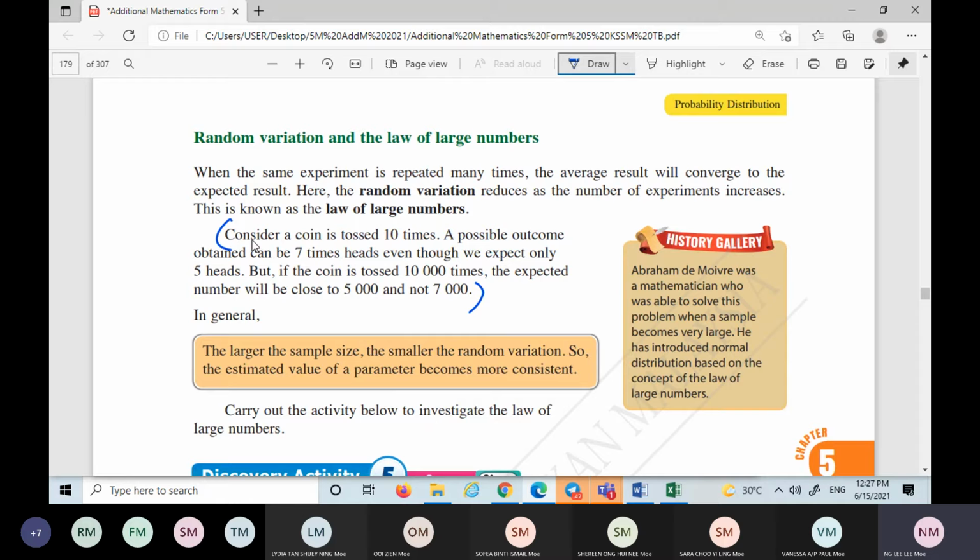Consider a coin is tossed 10 times. A possible outcome can be 7 times heads, even though we expect only 5 heads. Because for a coin there are only 2 possible outcomes, head or tail. By percentage, 50% you will get the head and 50% you will get the tail.